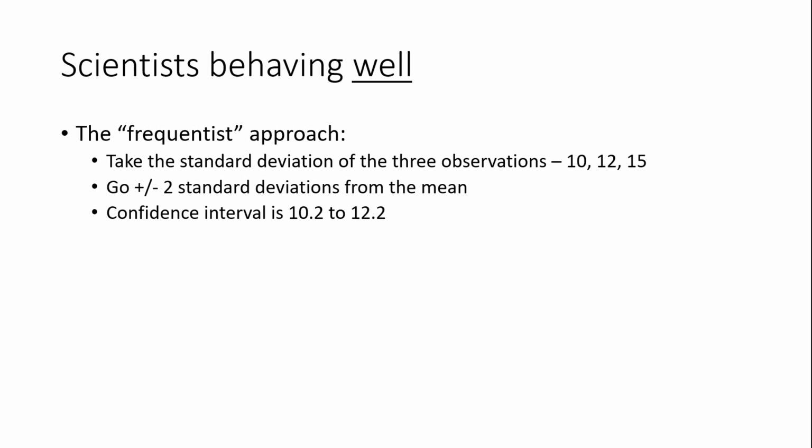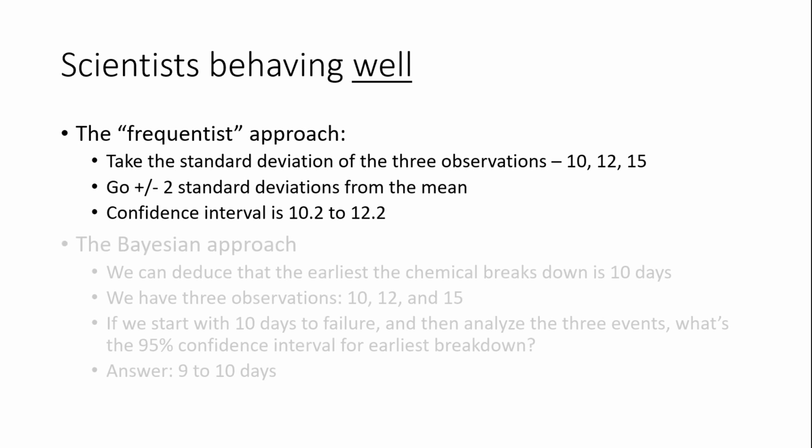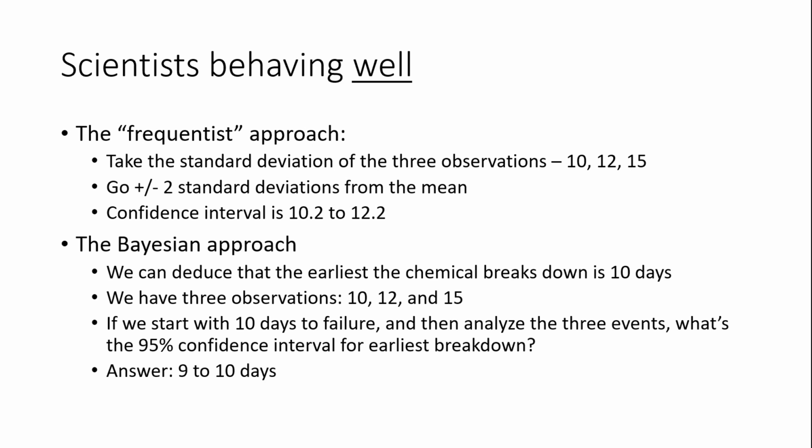As long as the chemical is active, the mosquitoes can't get in. So we can tell from our 3 observations that by the 10th day, the chemical can break down. So 10 days is the maximum, and you'll notice the frequentist confidence interval is all above the 10-day line, at which point at least 1 net had already failed.